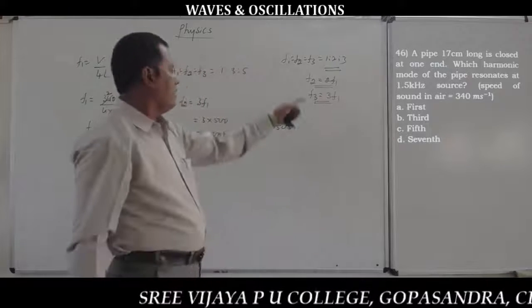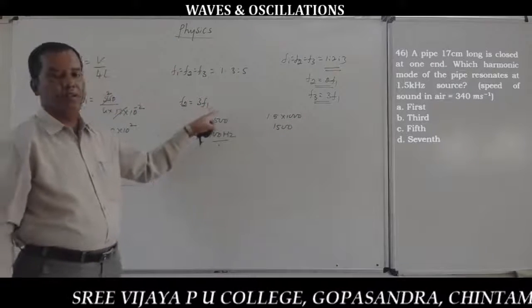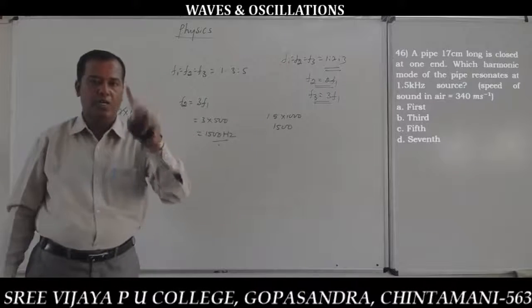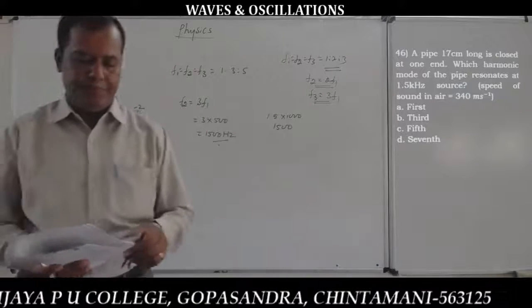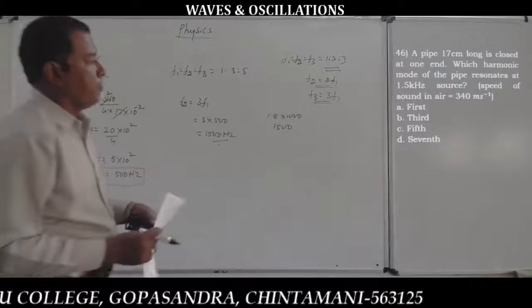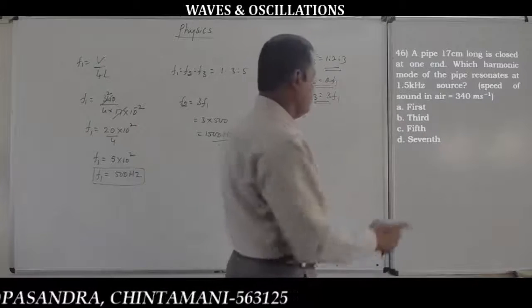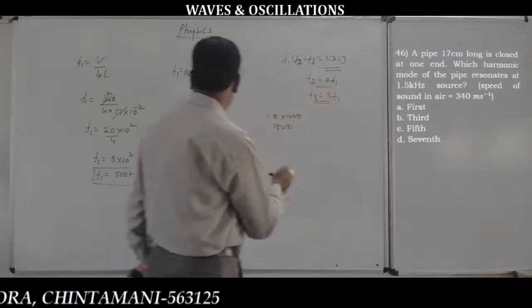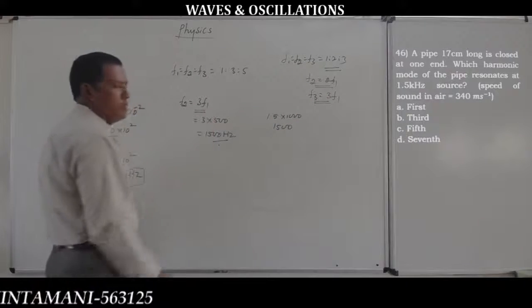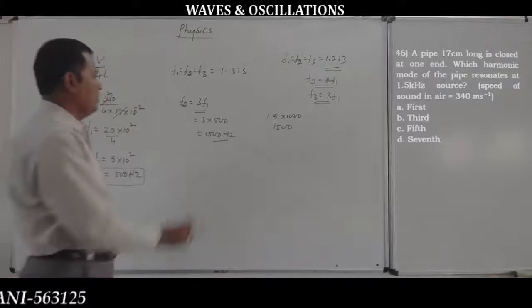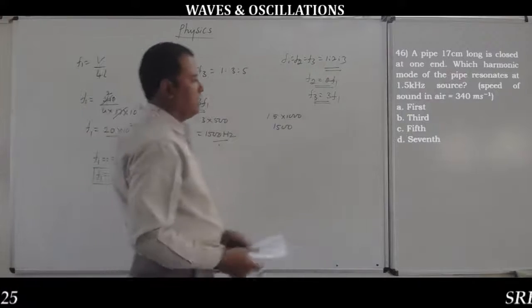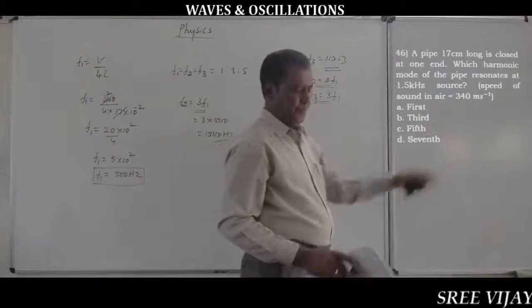By taking this as a reference, since here F2 is 3 times F1, this should be treated as the third harmonic. So the correct option for 46 is third. In the options, they have not given the second one also. So it should be taken as third here, because F2 is equal to 3 times F1.